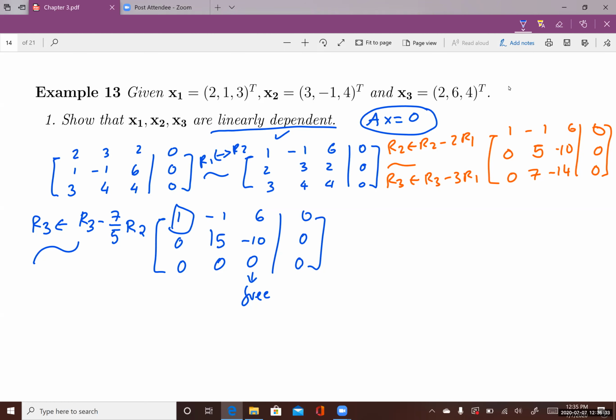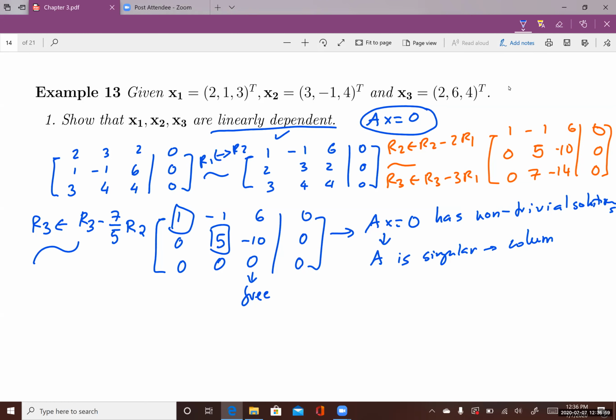So at this point, I know that I have one free variable. If I have one free variable, that means the system AX equal to 0 has non-trivial solutions. If it has non-trivial solutions, that means A is singular. If A is singular, it means all the column vectors are linearly dependent.